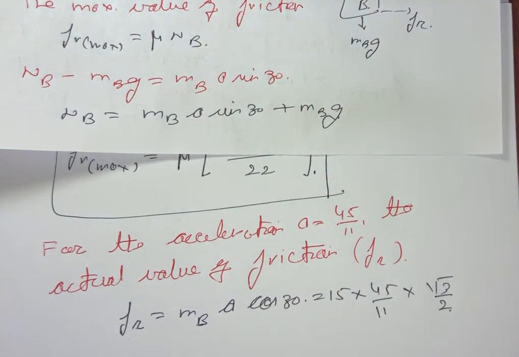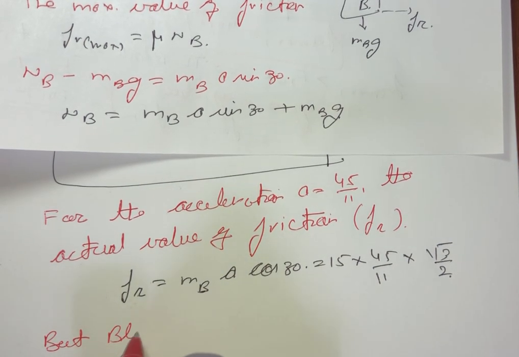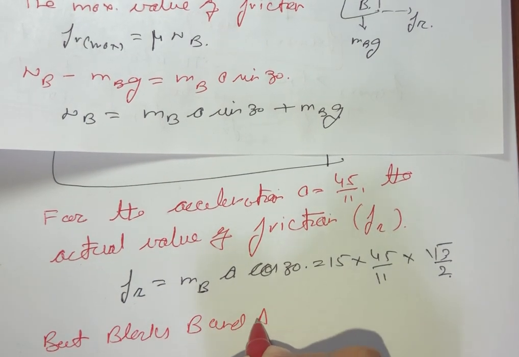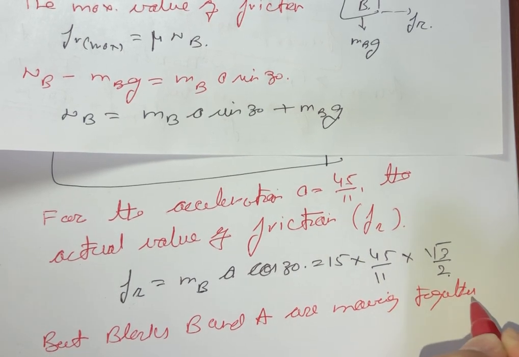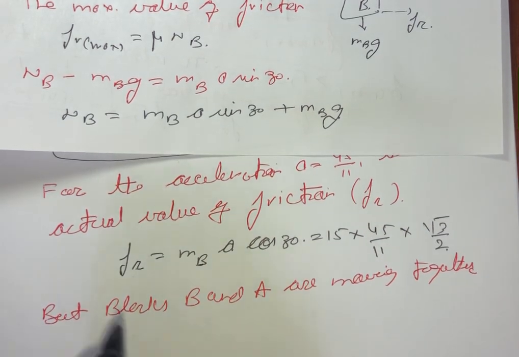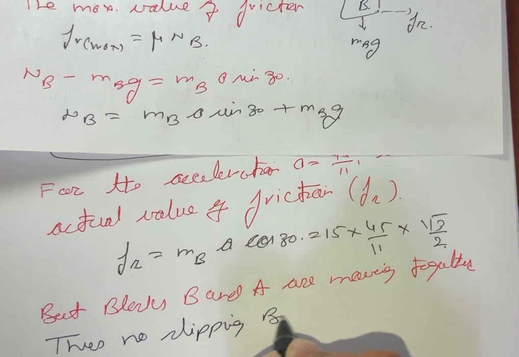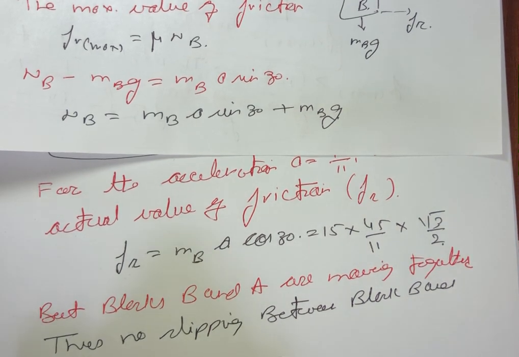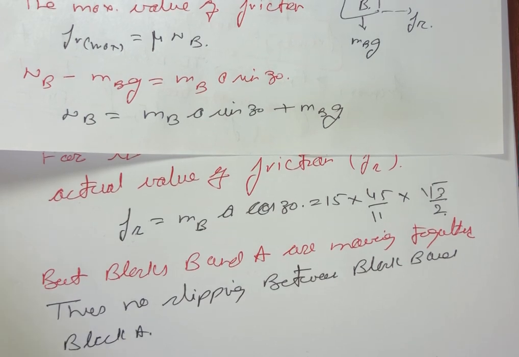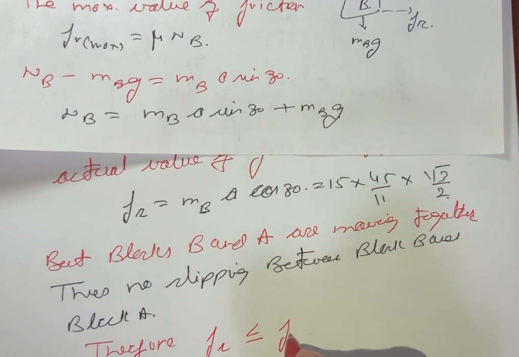It is said that both are moving together, but blocks B and A are moving together, which basically means there is no slipping between B and A. Under this condition, the friction Fr will be less than or equal to Fr max.